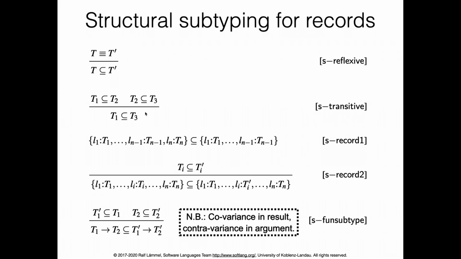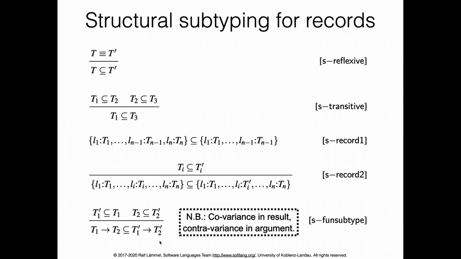And remember, because we have transitivity, this means we can do this for any number of components, of course. Generally, we can combine all these forms of subtyping, if you like. So for records, it's not just that we may have more components, it may also be that some component types are in a subtyping relationship. Okay, this is I think still pretty understandable, and here's now a little bit tricky part.